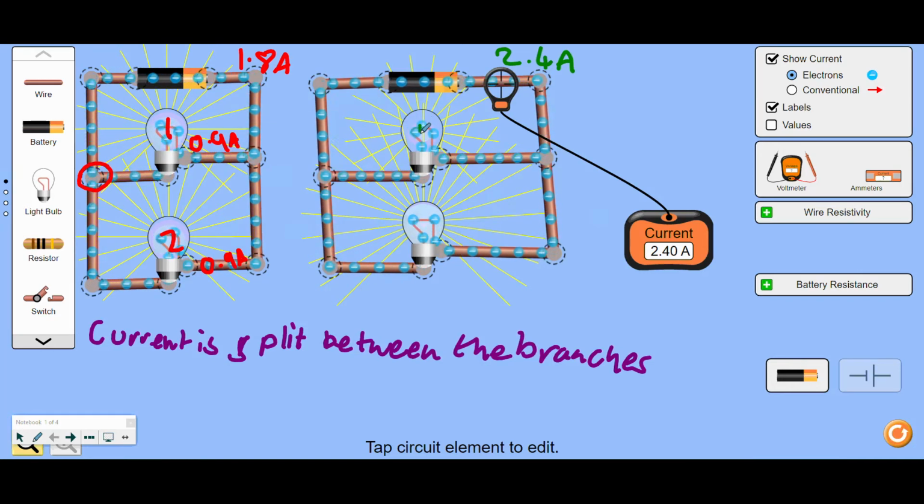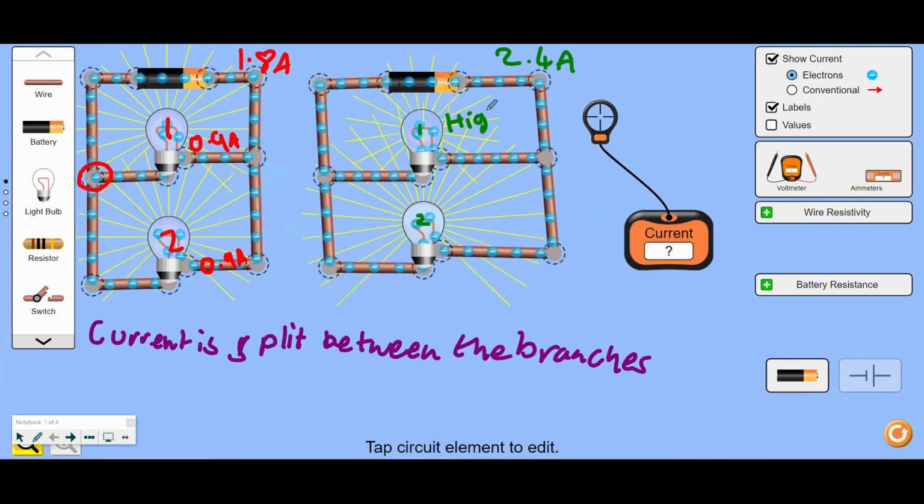So if we have bulb 1 and bulb 2, there's much more current flowing through bulb 2 than there is through bulb 1. And this tells us something about the resistance. First off, if there's less current going through, then bulb 1 must have a higher resistance. This is before we even know numbers.